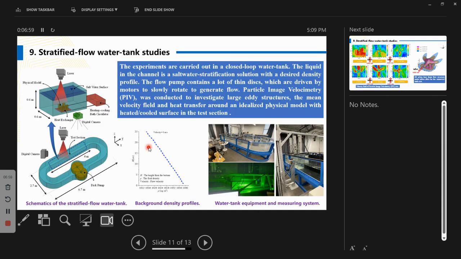Also, in order to enhance the ability of our research, we designed a stratified flow water tank. It contains a salt stratification system, a flow generation system, and a PIV test system. With the help of the stratified flow water tank, we can achieve a small flow under stable stratification.